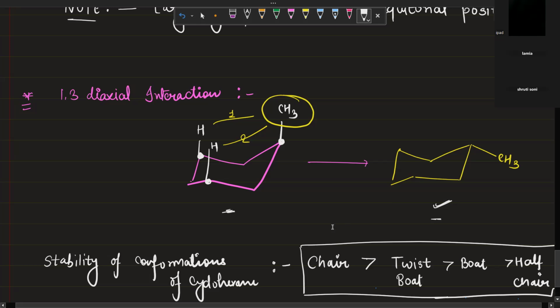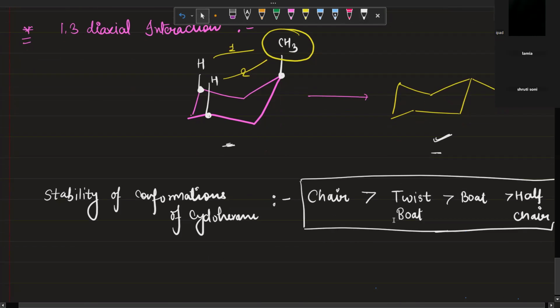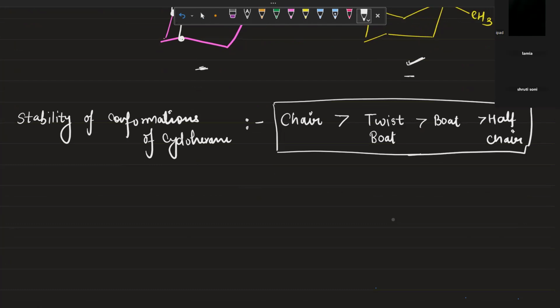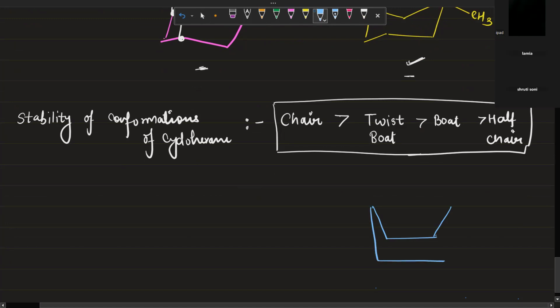Then there is the boat structure. I'll draw that boat structure. As there are axial and equatorial bonds in the case of chair form, there are flagpole hydrogens in the case of boat conformation. So this is a boat structure.